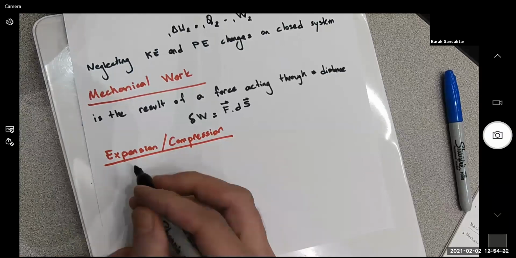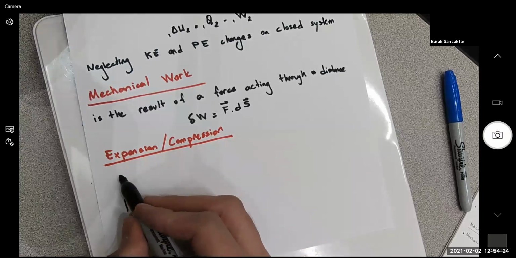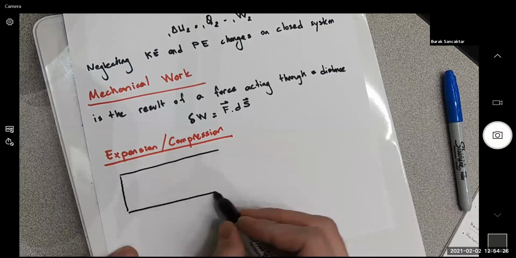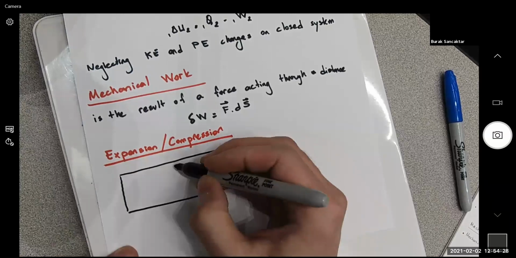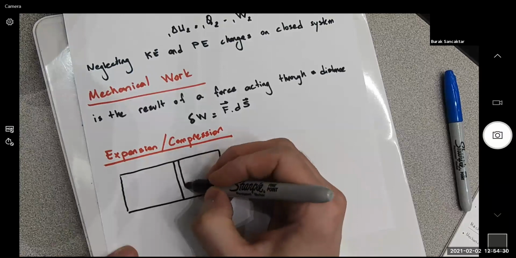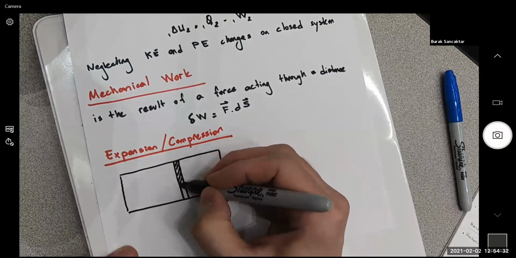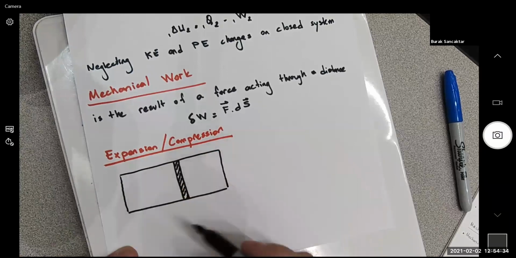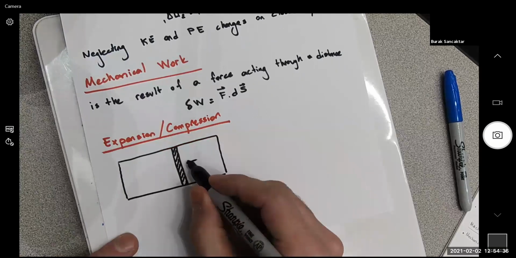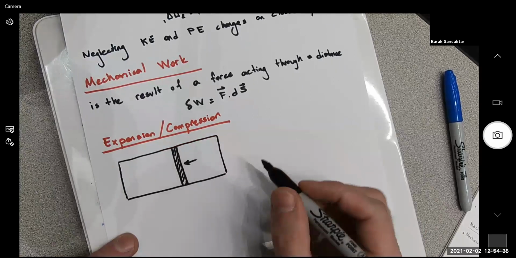So in a closed system, say I have a piston, right? There is a force acting on the surface.